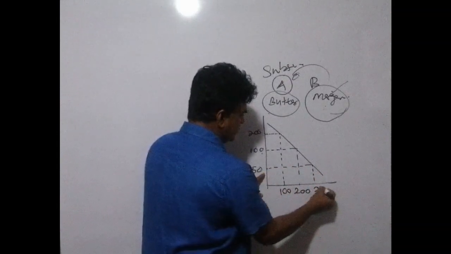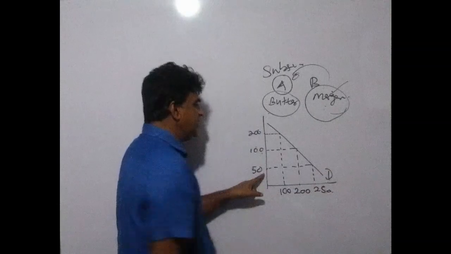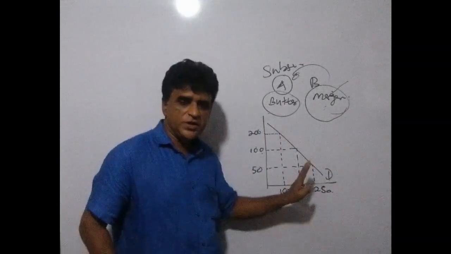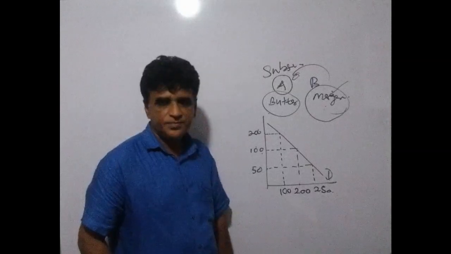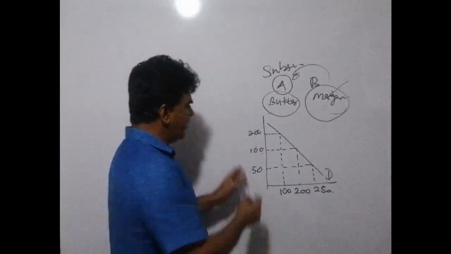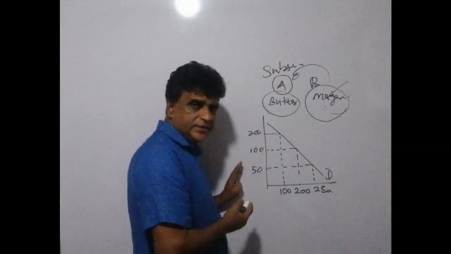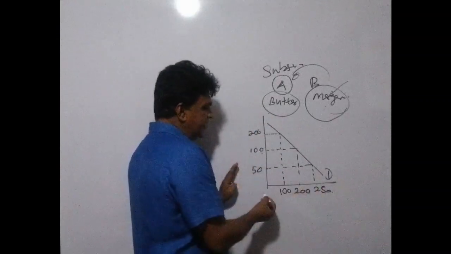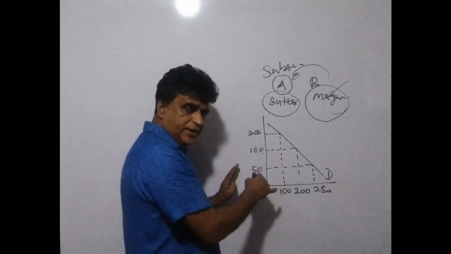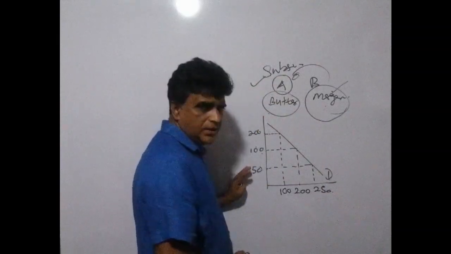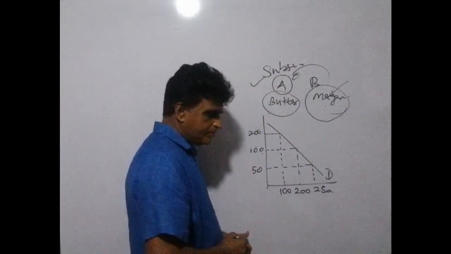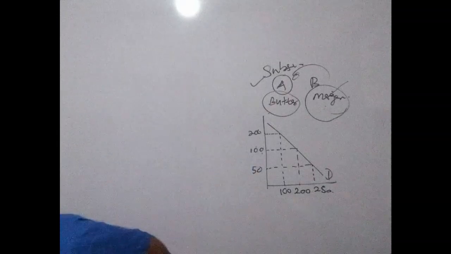We will say this is 250. Right. This is the substitution effect behind this. That's why when price increases, quantity demanded decreases. When price decreases, quantity demanded increases. The substitution effect is one reason.